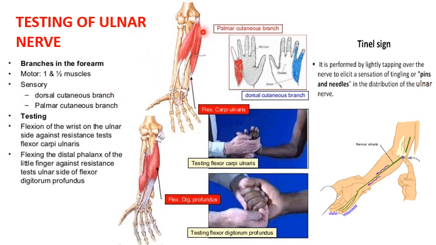So to test the flexor carpi ulnaris, the patient is asked to flex the wrist onto the ulnar side against resistance. And to test the flexor digitorum profundus, the patient is asked to flex the terminal phalanx of the little finger against resistance.